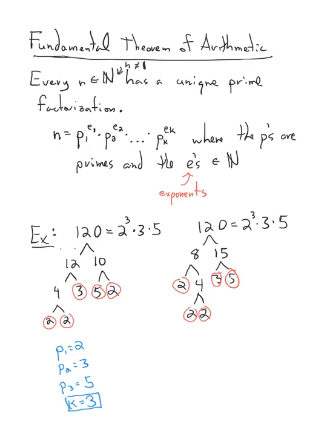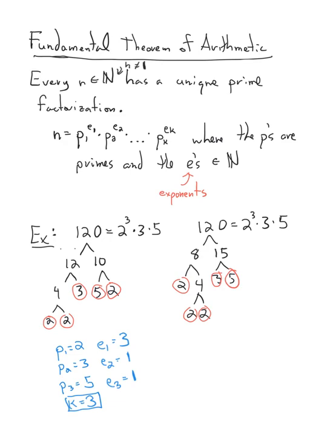And the exponents for each of these, well, the first exponent, it's 2 times 2 times 2. So there are 3 copies of 2 multiplied together. There is only 1 copy of 3 and 1 copy of 5.